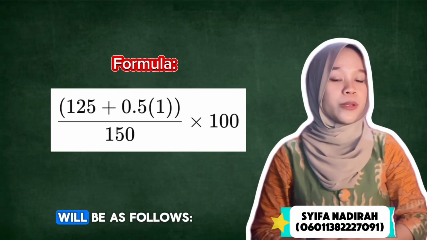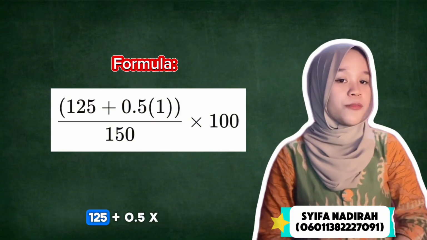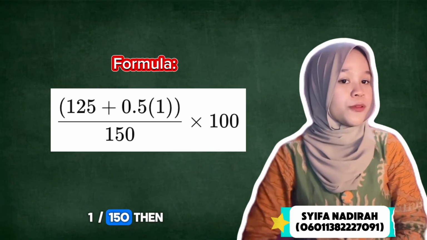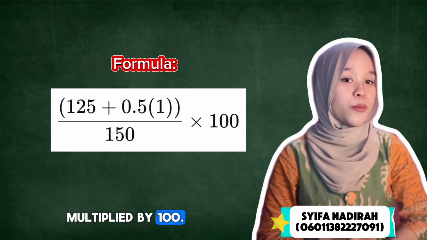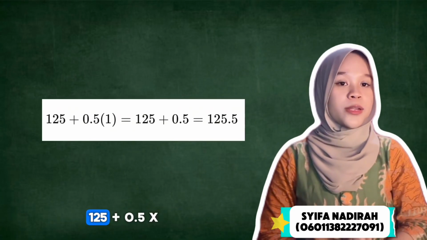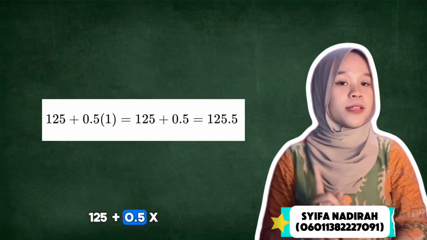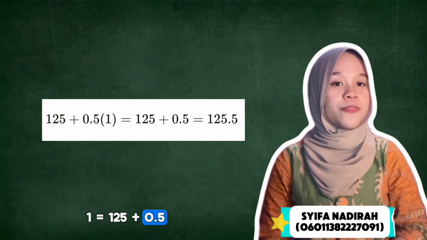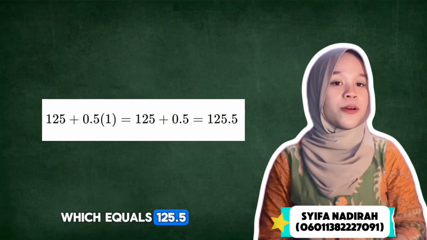So the formula will be as follows: 125 plus 0.5 times 1, divided by 150, then multiplied by 100. First, calculate inside the parentheses. 125 plus 0.5 times 1 equals 125 plus 0.5, which equals 125.5.